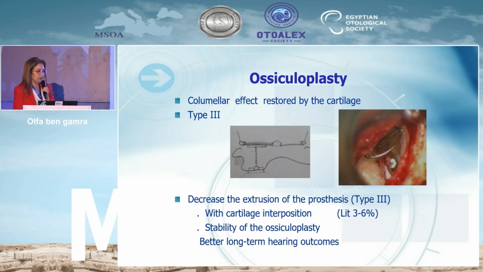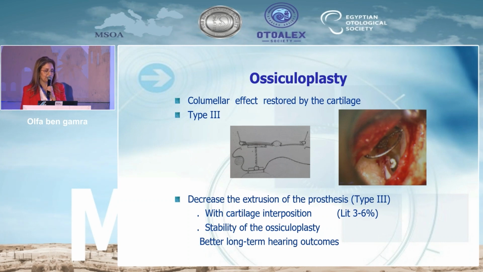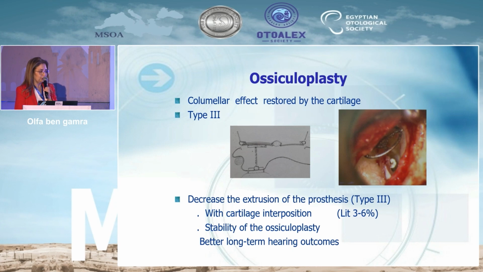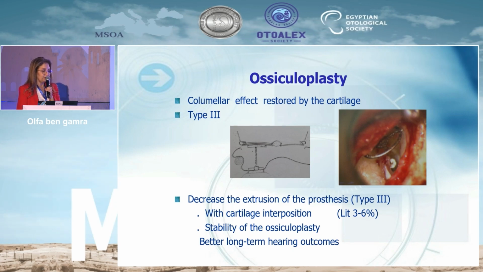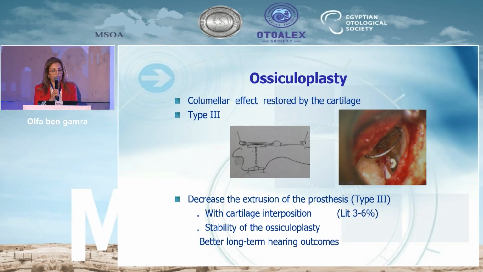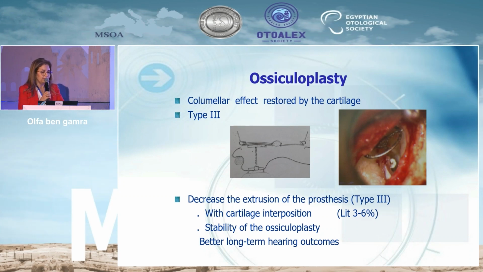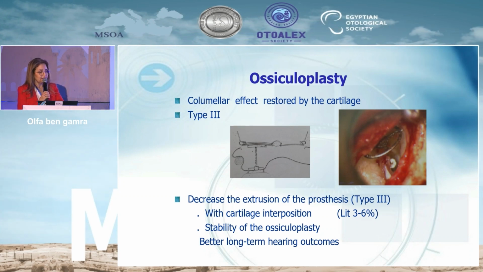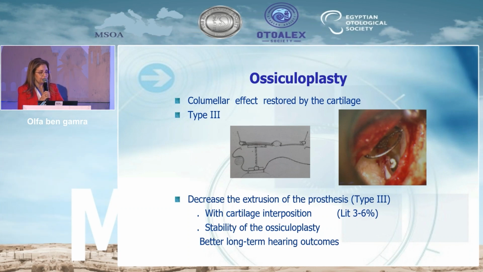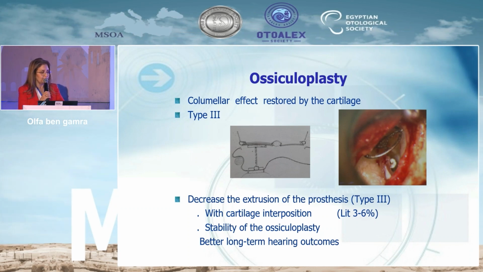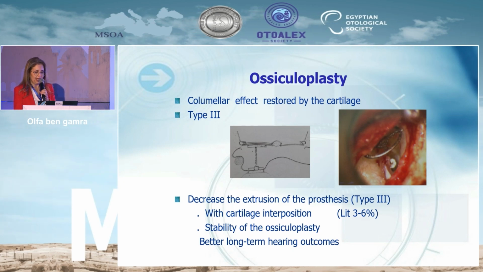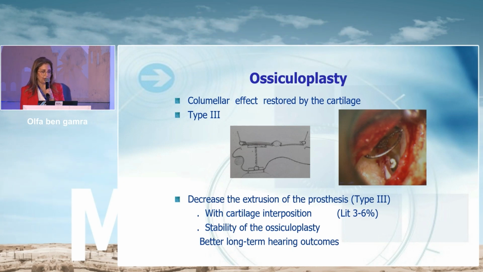In type 3 ossiculoplasty, cartilage can be placed on the prosthesis, and the cartilage can prevent the extrusion of the prosthesis, and then we can have a more anatomic stability and better long-term hearing outcomes.